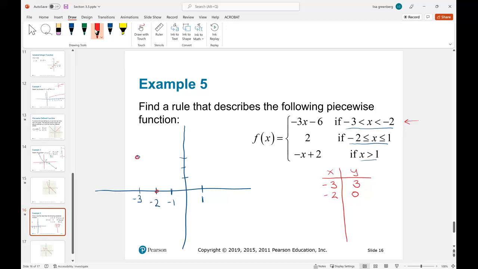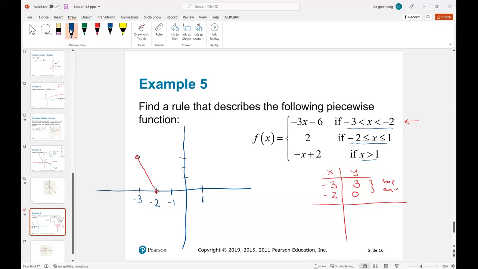And also we can see it's linear because the function is -3x minus 6, which is a linear function. So it's just a line that connects those 2 points. Okay, and they're both open circles at the end. And these are from the top equation.